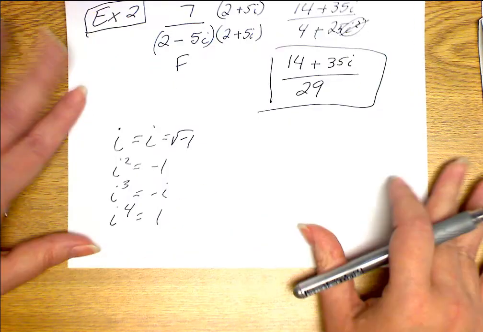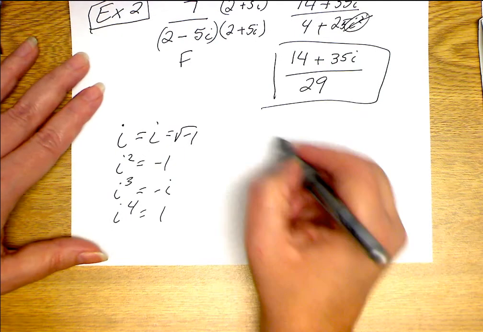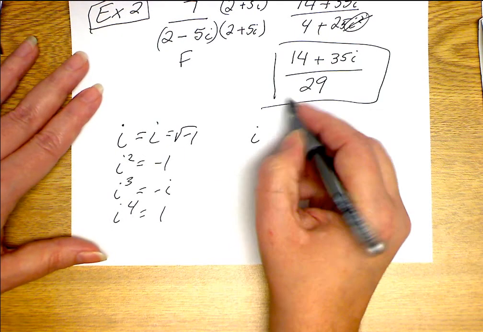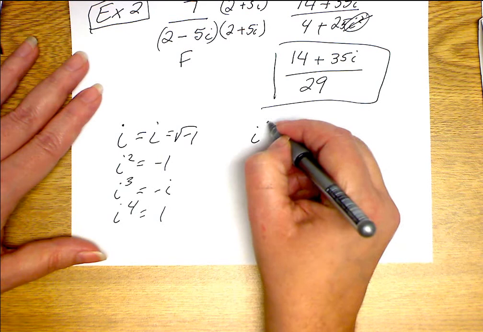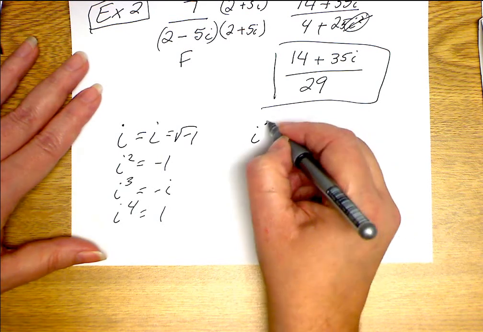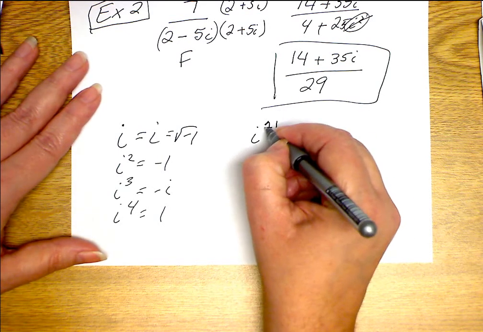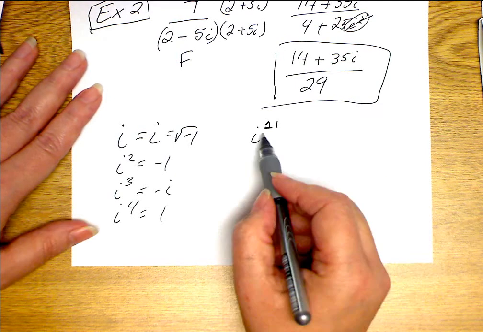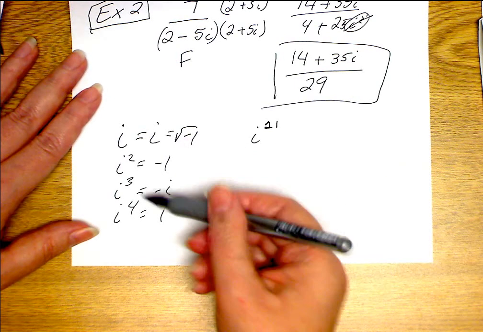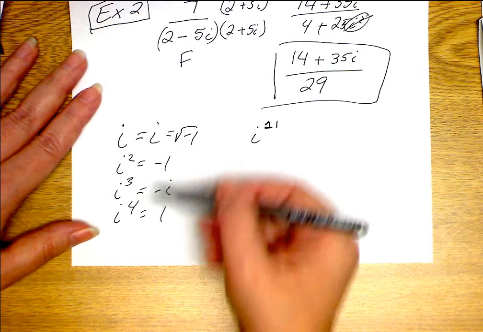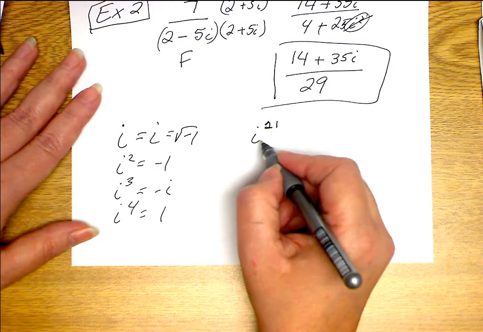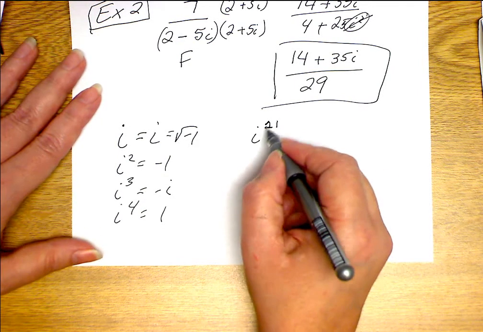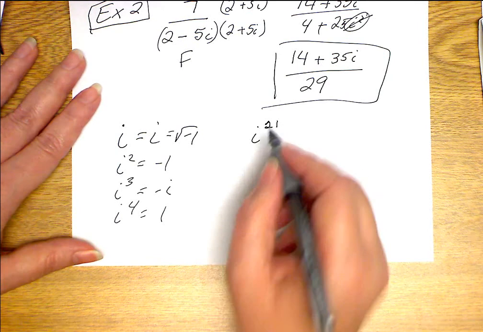Just so you know, if you had i to the, I don't know, 21, we'll do 21. It's going in multiples of 4. It goes 1, 2, 3, 4, 1, 2, 3, 4, and it keeps going. So what you're doing is rewriting this, and how many i to the 4th can you do?